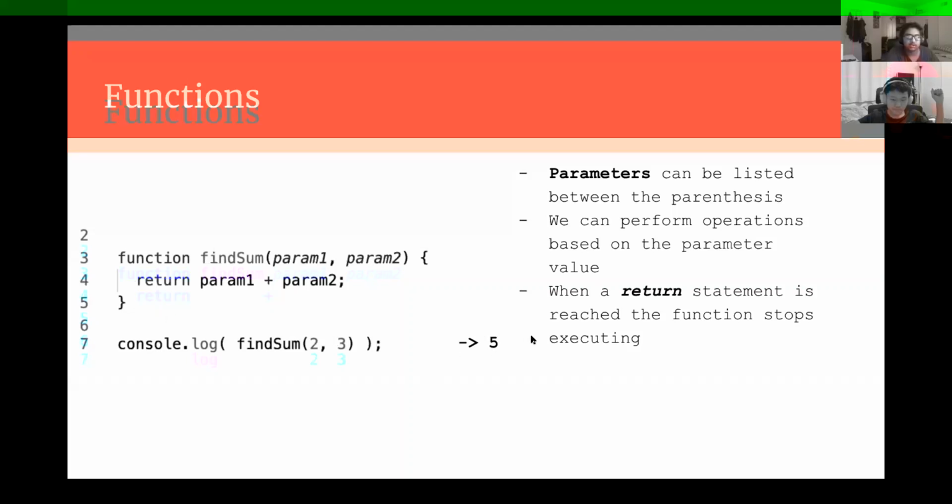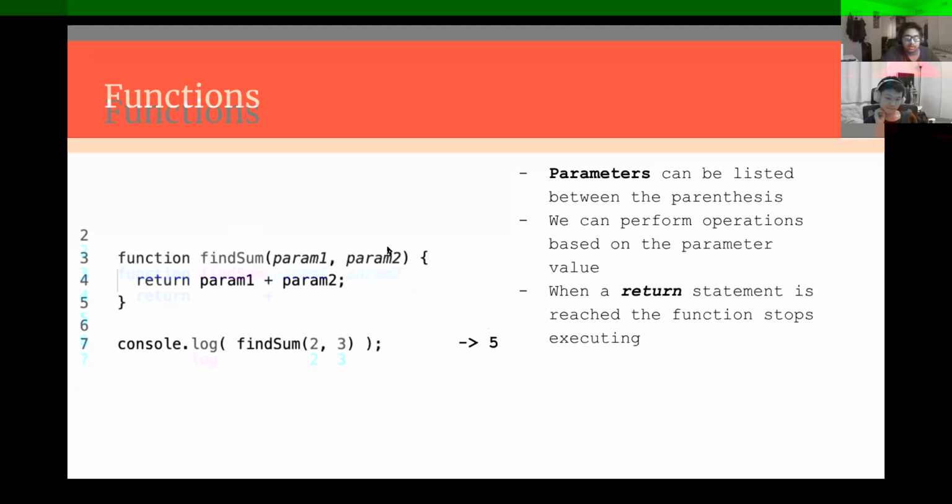That's when the function stops executing. What the return statement does is give a value back to the caller. In this case, the caller is the console.log function, so it gives the value of 5 back to console.log, and then console.log performs its function and prints out 5 to the console.